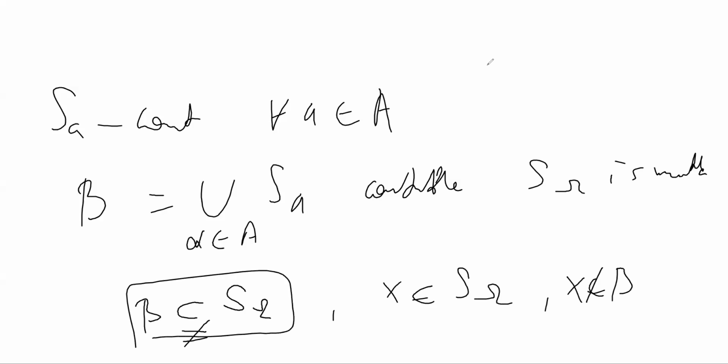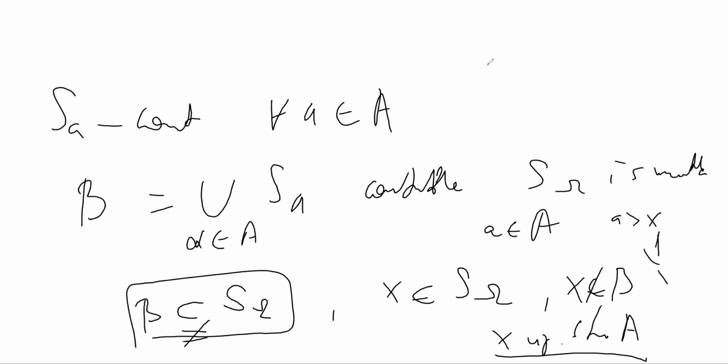Okay, then x is an upper bound for A. Because basically what happens if x is not an upper bound of A, there should be some element a of A such that a is bigger than x, and thus x should belong in S_a, so x belongs in B, so it's a contradiction.